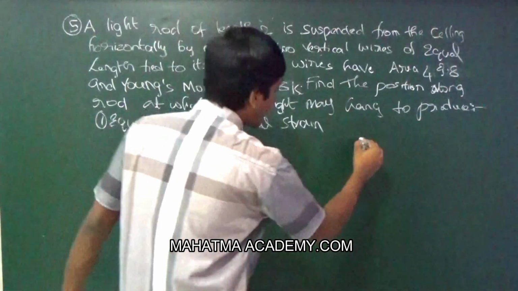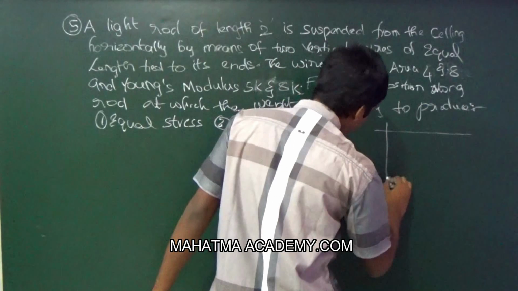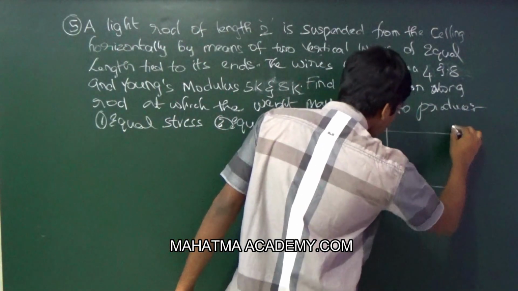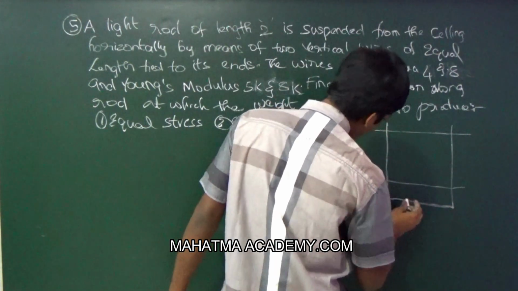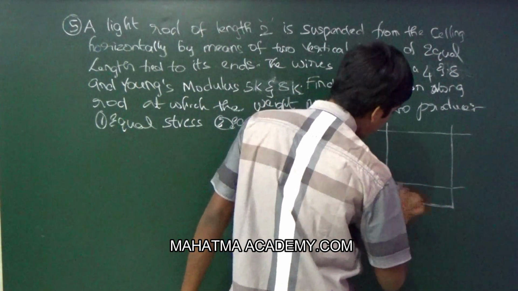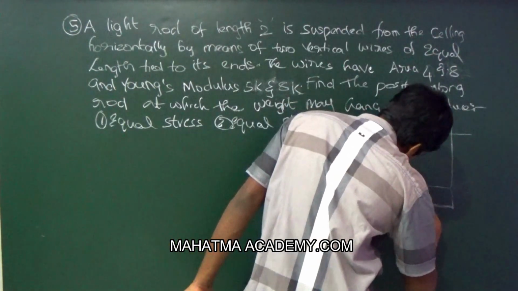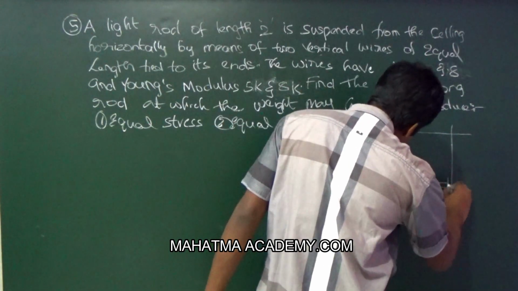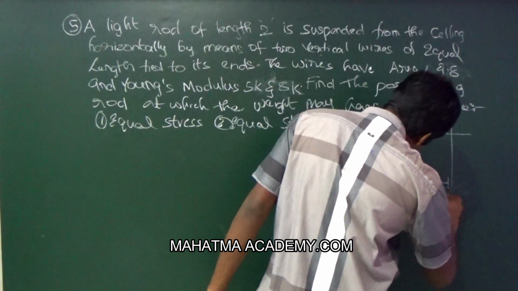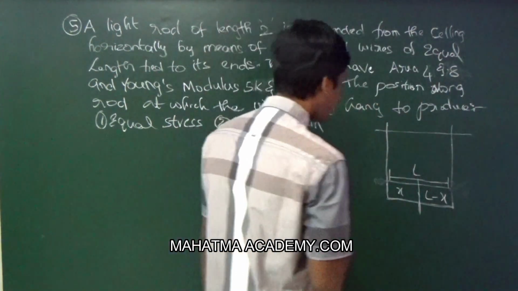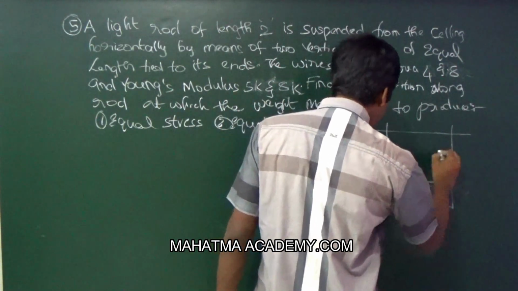First I will draw the diagram. It is a ceiling and the wires are of the same length. Okay, they are attached. Suppose the total length is L, here X, here L minus X. Now the wires provide tensions T1 and T2.